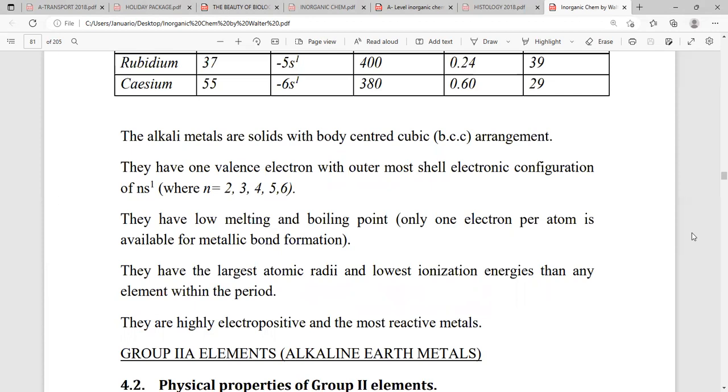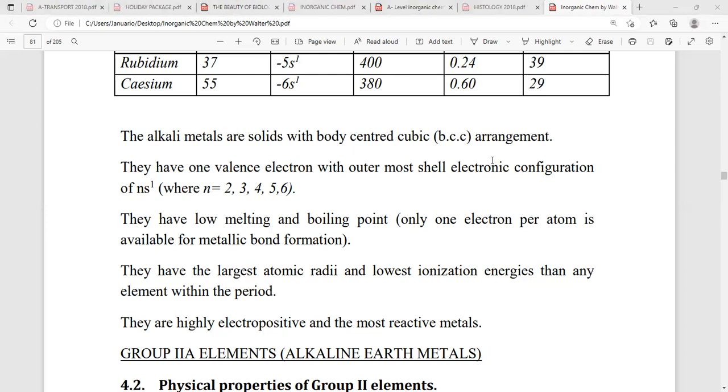That is, as you go down the group, we have metallic character increasing. That is, electropositivity is increasing as you go down the group from the first element to the last element known as cesium. So cesium is more reactive than lithium, and that is why sometimes you find that lithium is possessing some of the properties resembling those of group 2 elements, that is, occupying a diagonal position.